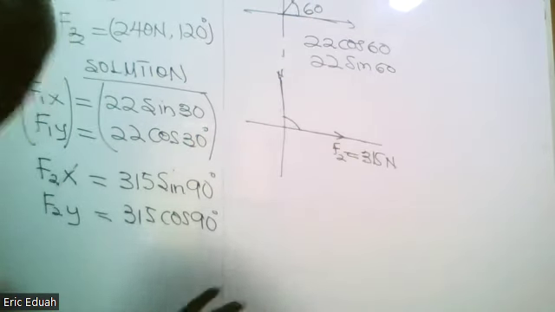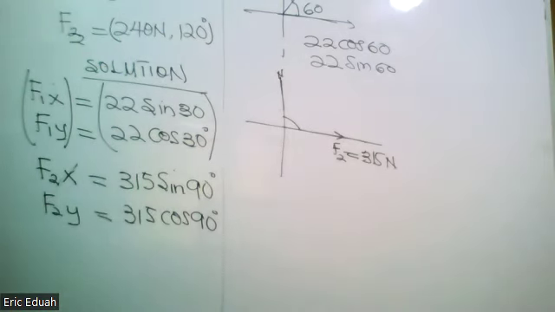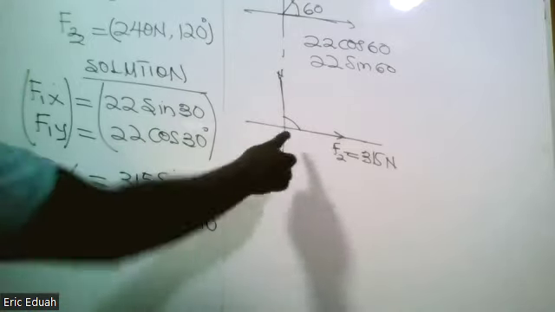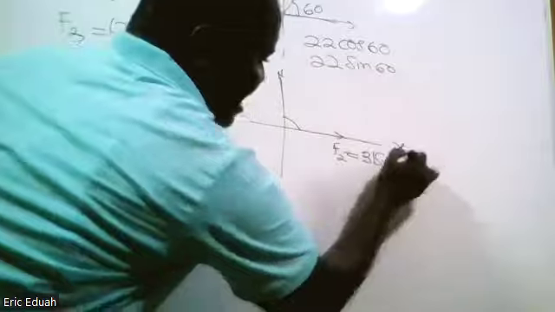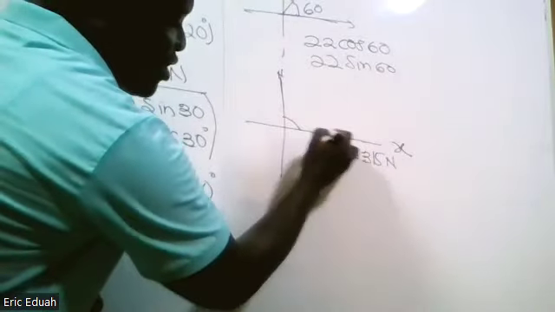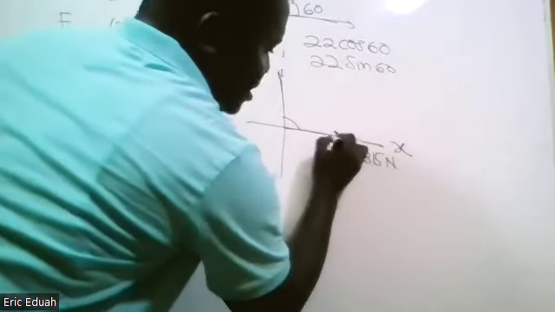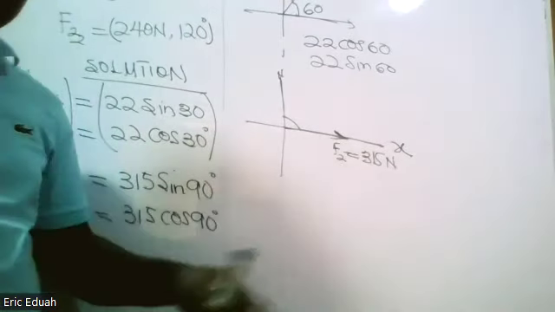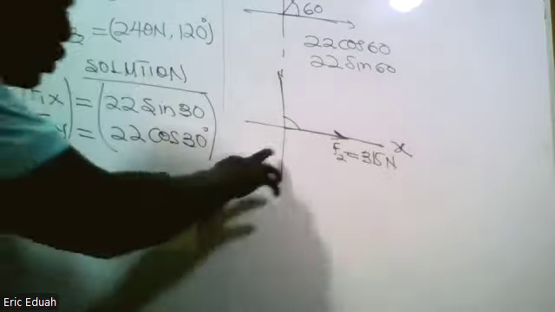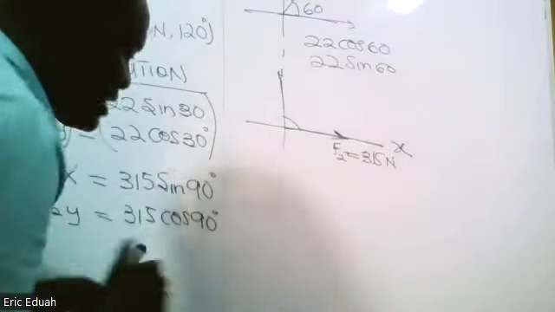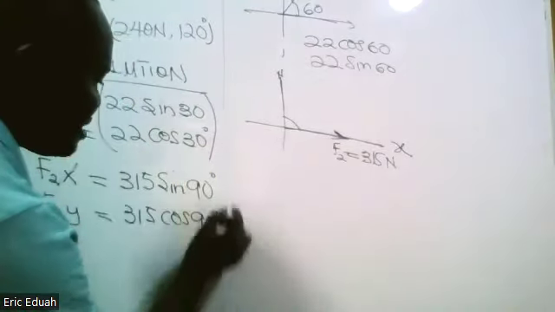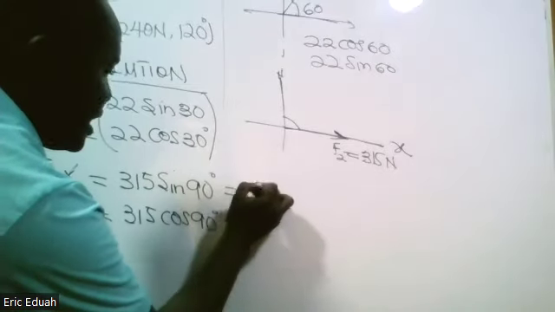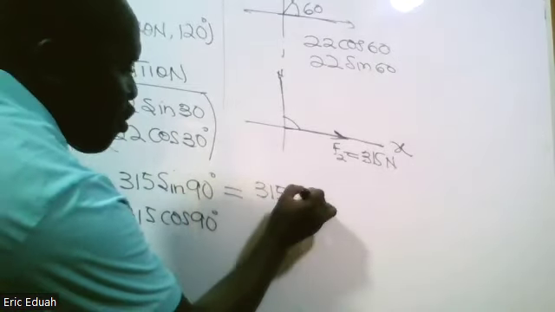Just to try, Yasmin. It makes an angle of 0 degrees. The angle it makes with the x-axis is 0. F2 lies on the x-axis. So if you want to use the angle this makes with the x-axis, then this must be equal to 315 cos 0.